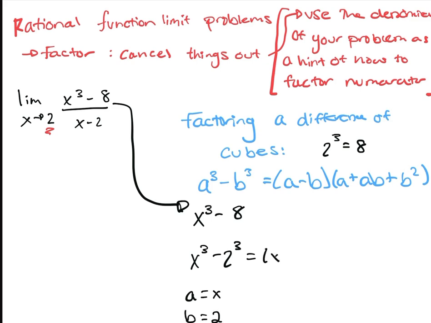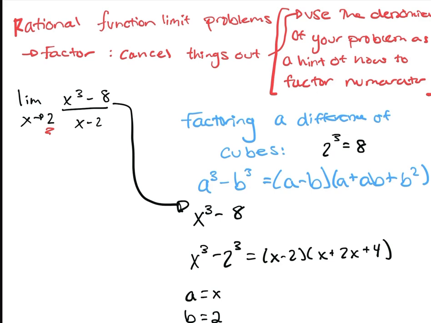So we're going to have x minus 2 times x squared plus 2x plus 4. And so this should be the factored form of the numerator of our problem.